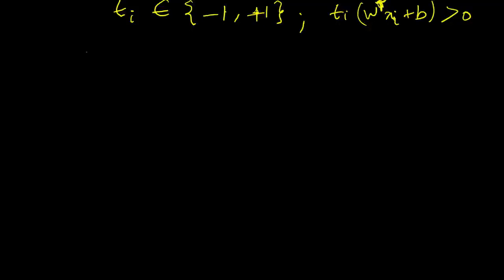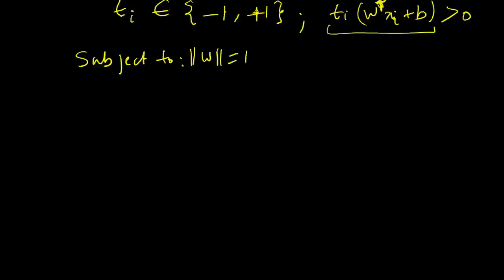So now let's subject this to mod of W is equal to 1, okay, so that we take away that ambiguity. Now once we subject it to mod of W equal to 1, you can see that we want this particular quantity, for the points for which it is the minimum, to be the maximum. For which points will it be the minimum?